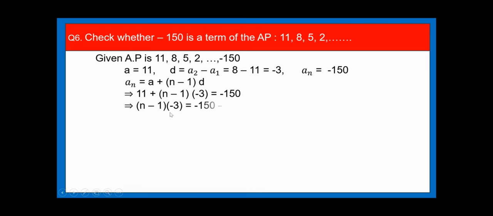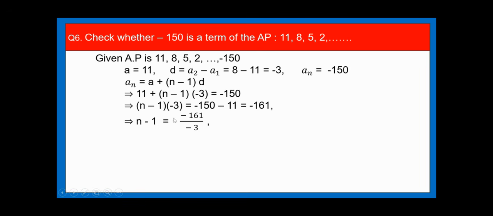n minus 1 into minus 3 is equal to minus 150 minus 11 on the other side. Minus 150 minus 11 is minus 161. So n minus 1 into minus 3 is minus 161. Take this minus 3 to the other side. Here it multiplies n minus 1, so on the other side it should divide.